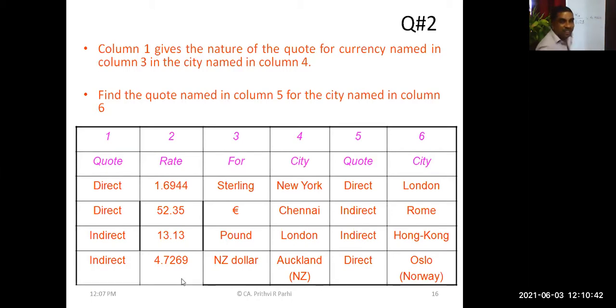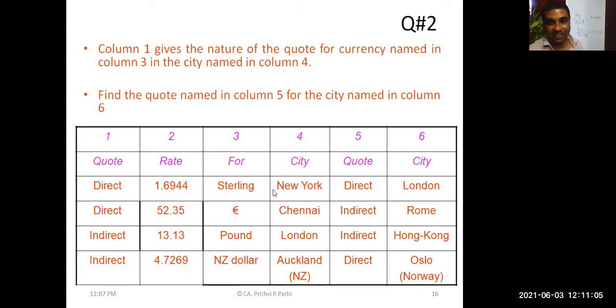What has been asked to you? Direct for Norway. Direct for Norway means Norway currency by the New Zealand dollar? Same, 4.7269, sir. Did you get it?